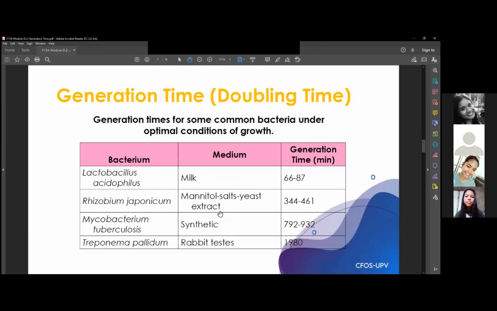Ayan, tingnan nyo itong tuberculosis. It takes several hours, more than 10 hours for it to double in number. Kaya yung incubation period ng mga ganitong microorganism matagal din. So matagal-tagal siya, mga 12 days before it doubles its number.